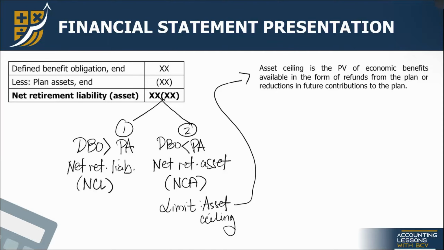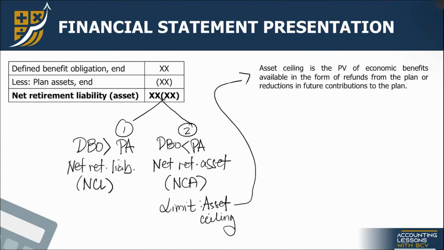You will present the lower amount between the computed net retirement asset and asset ceiling. Kung mas mababa naman yung na-compute mong net retirement asset kaysa sa kanyang asset ceiling, there would be no problem. Ipipresent mo mismo yung na-compute mo. Tama? Pero, pag mas mababa yung asset ceiling kaysa sa na-compute mong net retirement asset, doon tayo magkakaroon ng additional procedures.